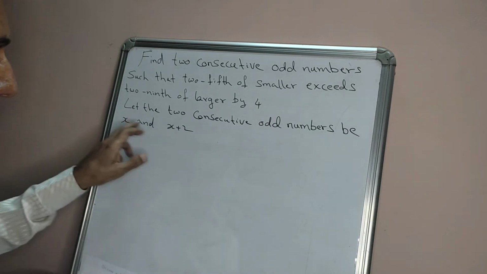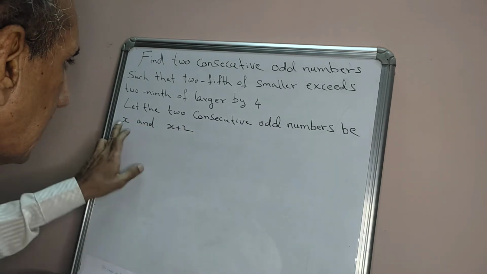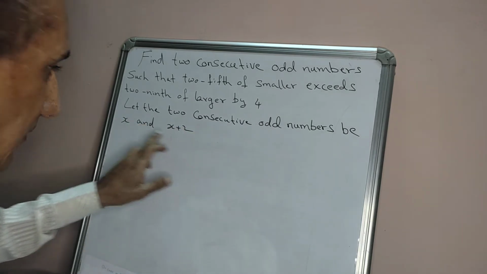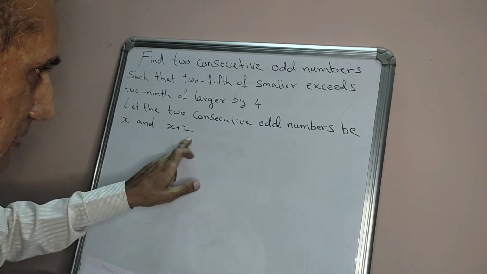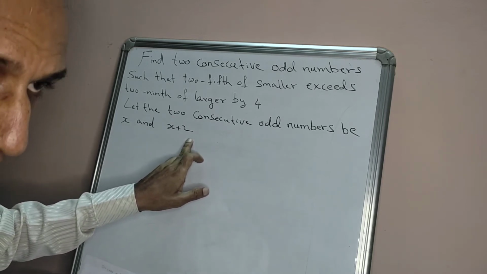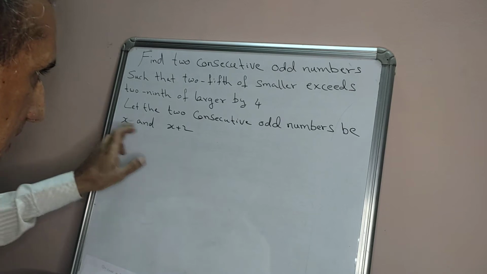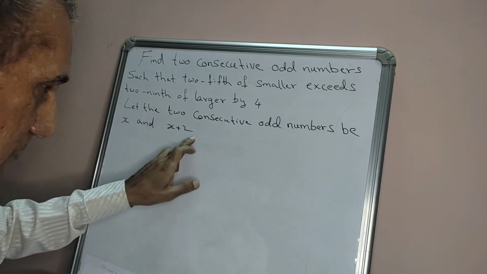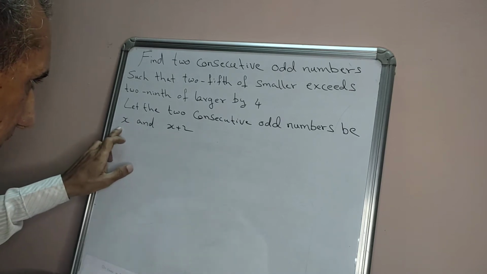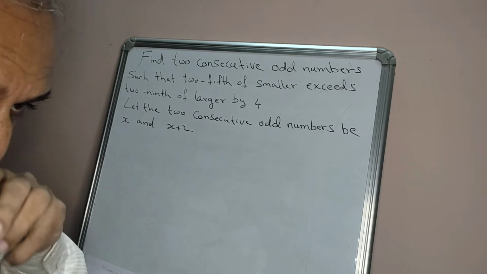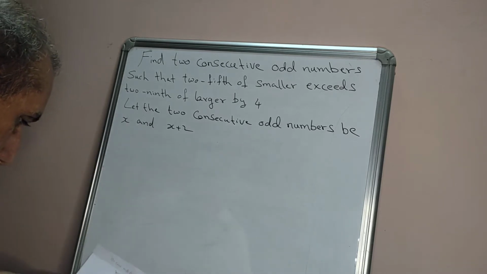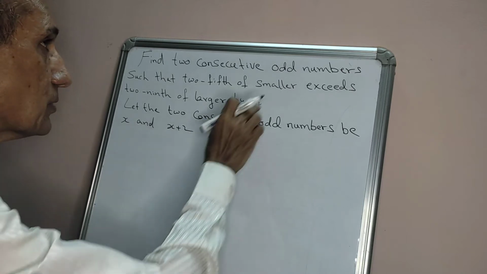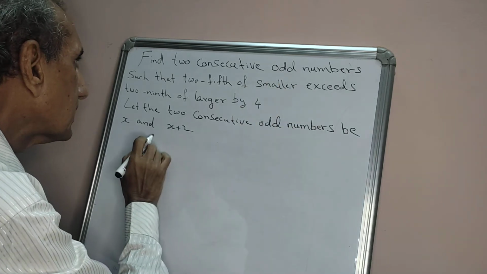I'm assuming the two consecutive odd numbers to be x and x plus 2. Why? Because if x is 1, then x plus 2 is 3, odd numbers. If this is 3, this would be 5. If this is 5, then this would be 7. Now he says 2/5 of the smaller.